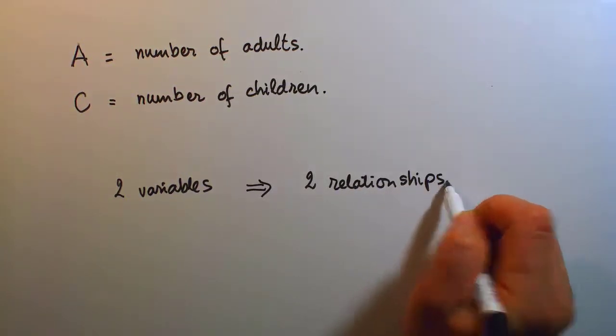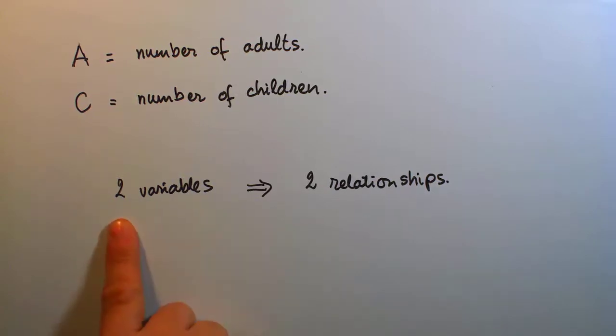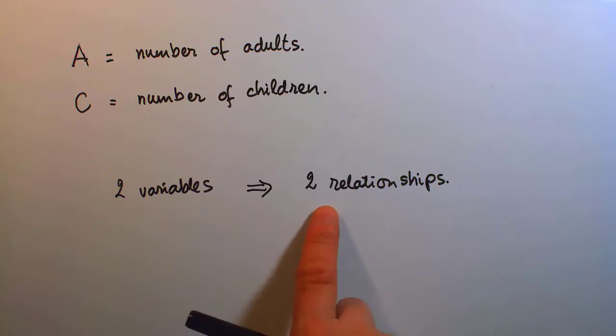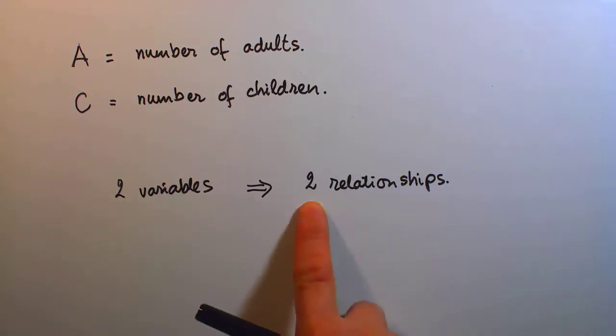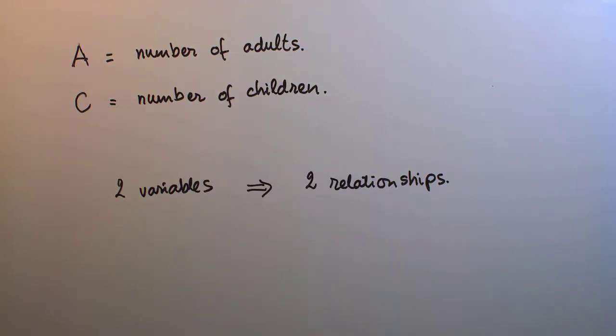Even though it's a rule of thumb and not a hard rule, and there are still a few exceptions, most of the time with n variables we're going to be able to find n relationships.